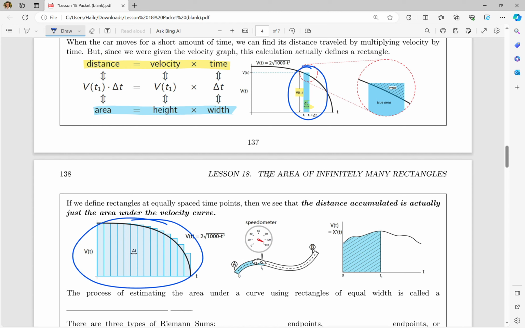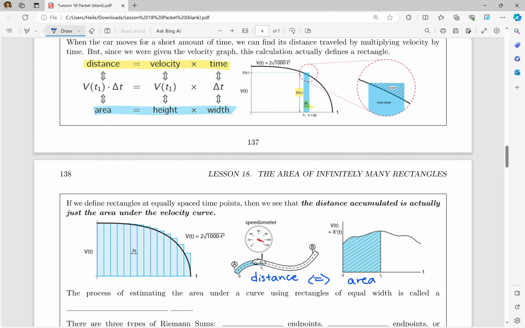We're not going to talk quite yet about how we get the height of each of those, but the idea is that the distance the car has accumulated is equivalent to the area under the velocity curve. So distance and area are related through this process of approximations.